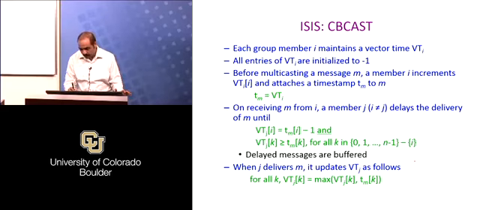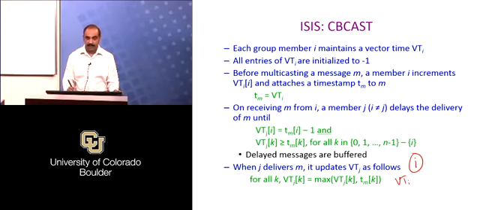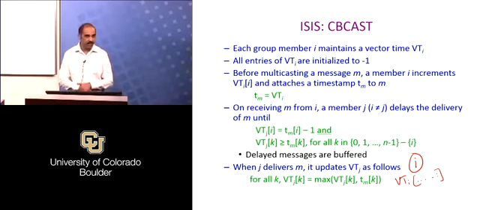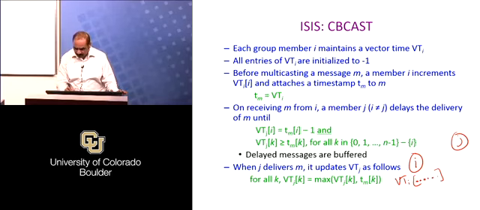Suppose here is process I, and it has its vector time VT of I. So VT of I has all these entries, basically the n entries here. And J receives this message. Now it's important to understand what these values mean. In some sense, for the message that I'm sending, let's say this particular value, the first entry, is 5.